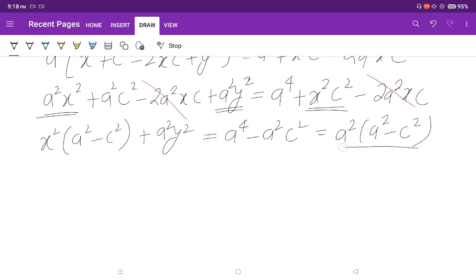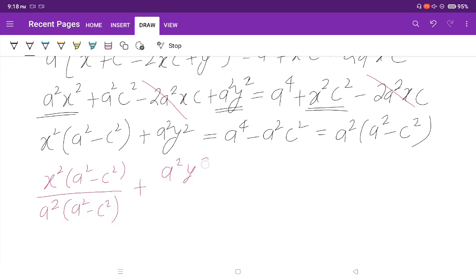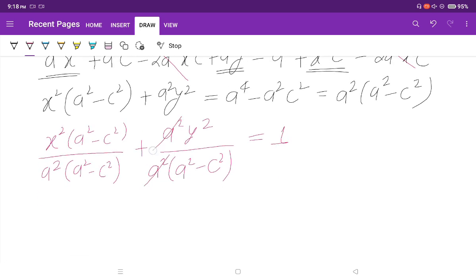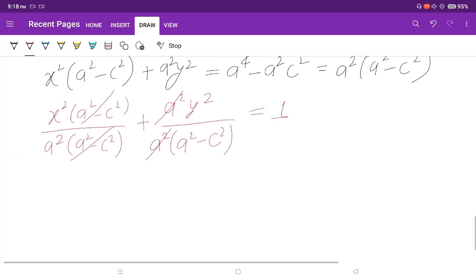Now let's divide the whole equation by the RHS value. So we have x squared (a squared minus c squared) divided by a squared times (a squared minus c squared), plus a squared y squared divided by a squared times (a squared minus c squared), equals 1, correct. So a squared cancels out a squared, and (a squared minus c squared) cancels out (a squared minus c squared).